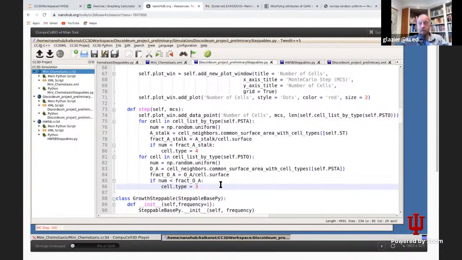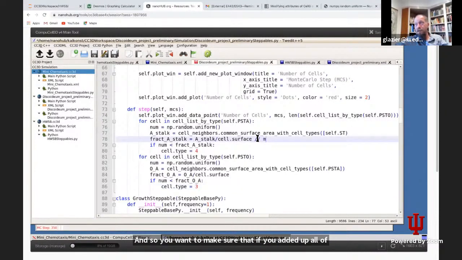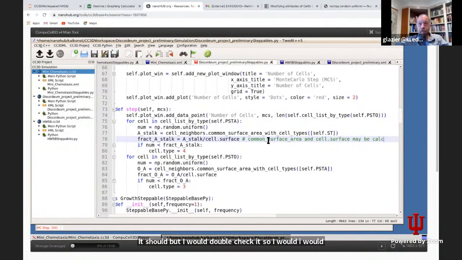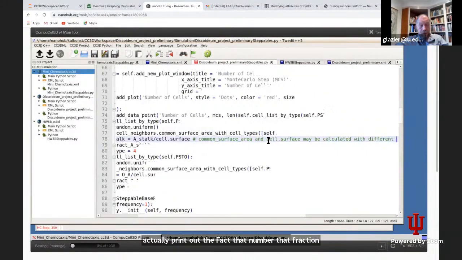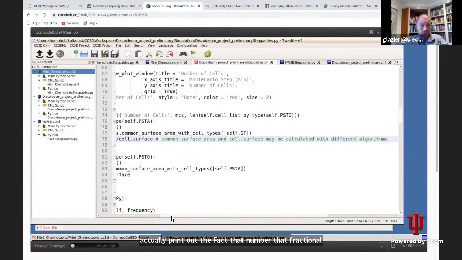And so you want to make sure that if you added up all of the common surface area with all the cell types around it, you're missing a square bracket in line 77. Close square bracket. You want to make sure that number adds up to 1. It should, but I would double check it. So I would actually print out that fractional value that you're calculating, and make sure it looks reasonable.